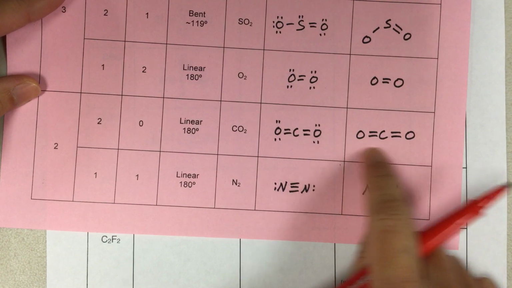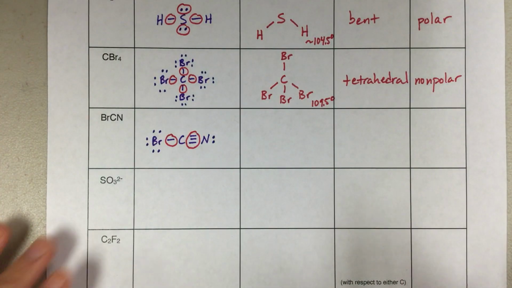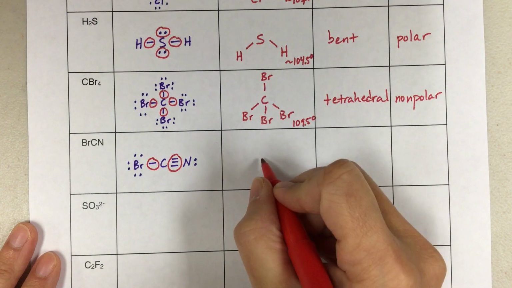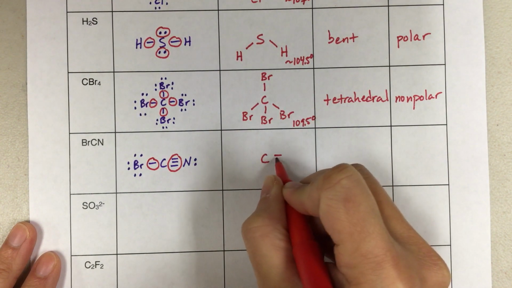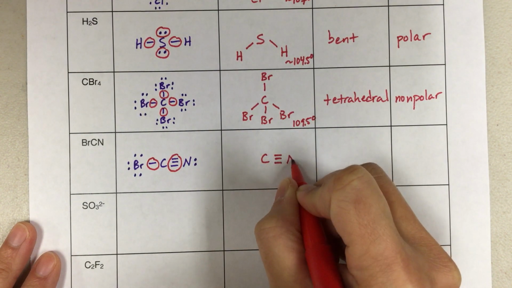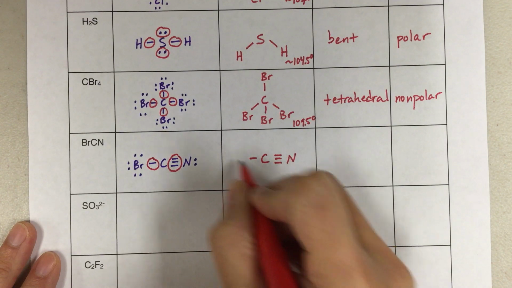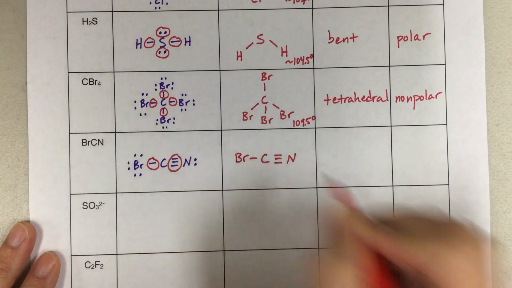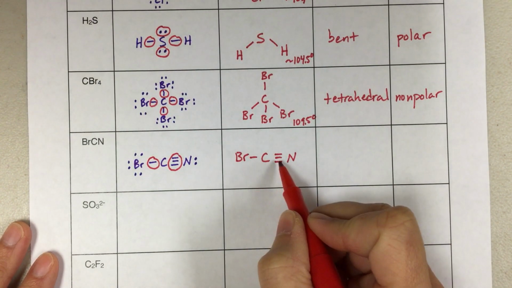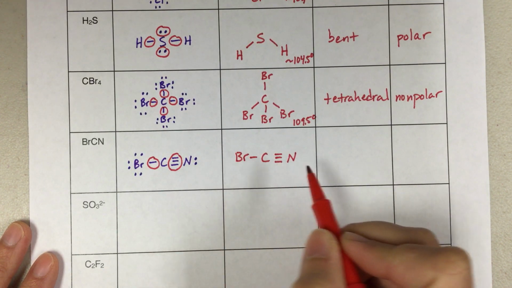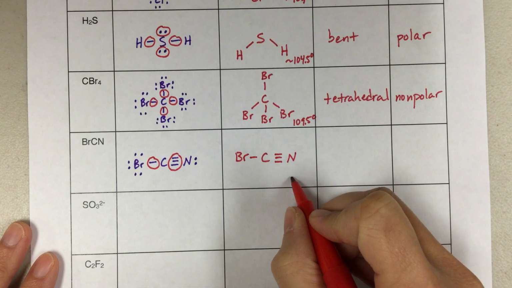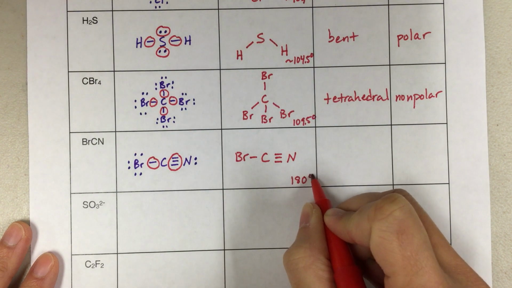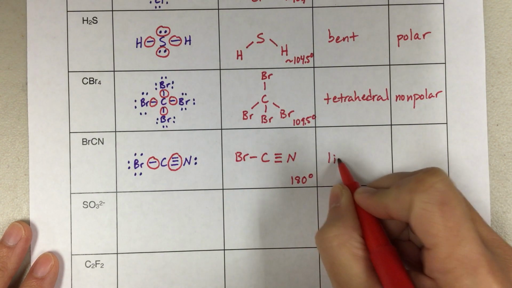So we need to draw these atoms in a straight line. Carbon's in the middle. We do have to show the triple bond, but we do not show the lone pairs. So this is a single bond, this is a triple bond. It is in a line, which has 180 degrees. It is linear.